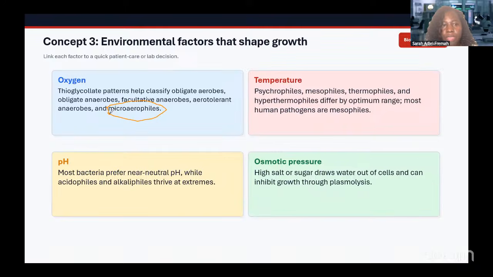Now, these bacteria require a low oxygen environment within the stomach lining area. So H. pylori, which is Helicobacter pylori, is a typical example of a microaerophile, right?